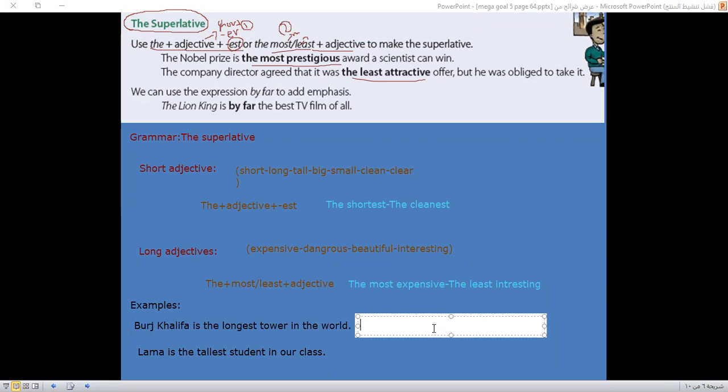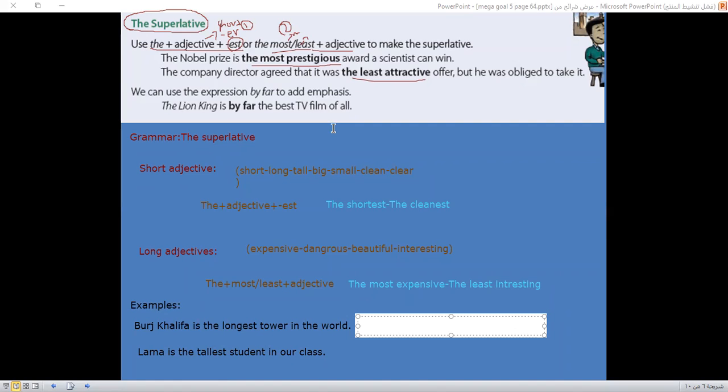Rabbit is faster than... Remember, Yaqeen, we're talking about the superlative. We're not comparing between two people. No, someone is the best. You can change your sentence. You can use the same sentence and then change it to the superlative form.